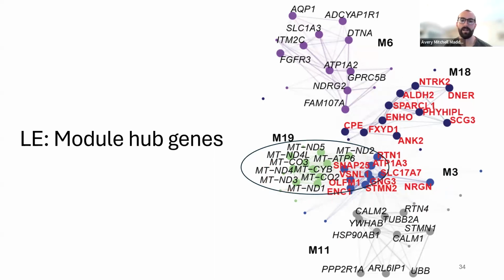This is supported by literature findings for some of these hub genes like MTATP6, CO3, CYB, CO2, and ND4L, which have all been positively correlated with improved prognosis. Which could have something to do with their role here existing primarily at the leading edge, where we're having less dense infiltration of those tumor cells.